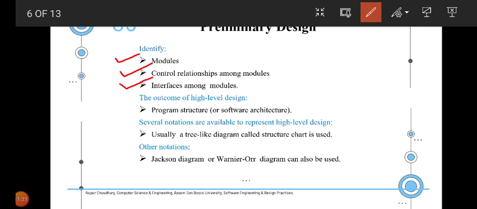This tree like diagram or the structure chart is very popular while representing a high level design, because we do not have to include the details of it, we just have to represent them from an overall or a broad perspective. Some other notations which can be used in order to represent this preliminary or high level design can be a Jackson's diagram or Warnier-Orr diagram.